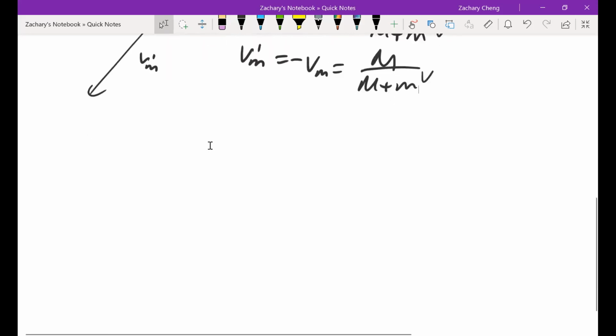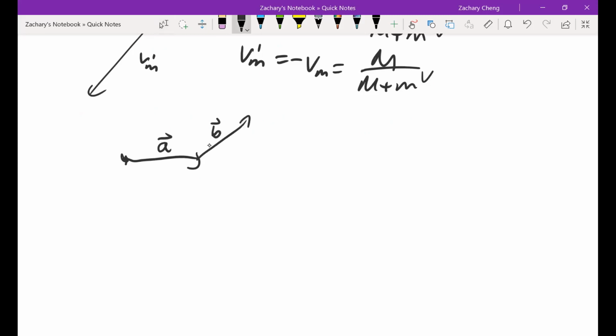Let's say that the original particle's path is given by the unit vector A, and after they collide it goes off in some direction, let's call the unit vector of this direction B, and then the velocity is just going to be VCM times A plus vM prime times B.